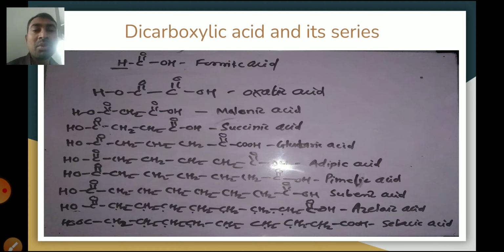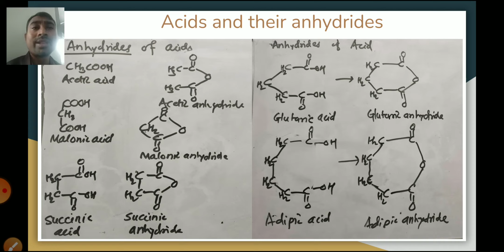Another thing is if you introduce the n-octylene group in between the two COOH groups, then that acid is called sebacic acid. This is the most important thing: these acids are converted into anhydrides, and we want to know about those anhydrides specifically for reaction purposes.